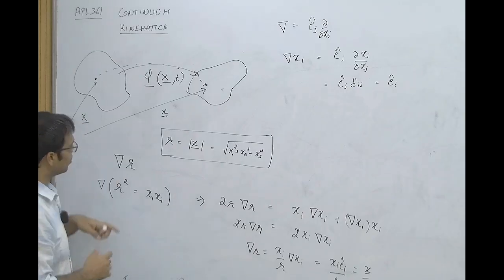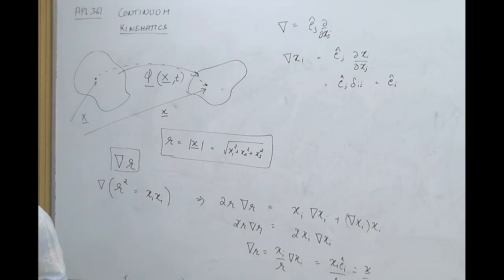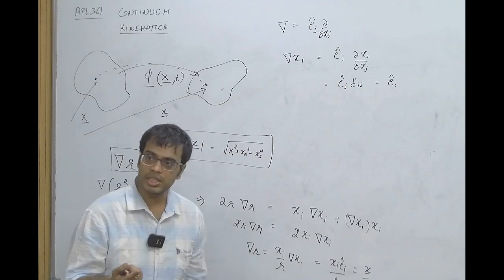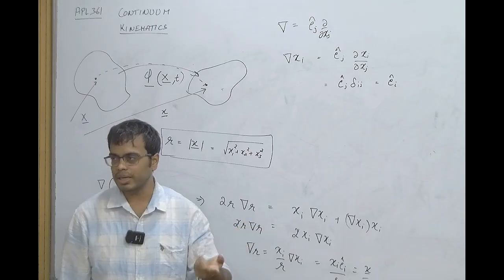This is the rate of change of the magnitude. We want to know the rate of change of magnitude when I change the vector. So the magnitude will be changing in the unit vector's direction only.